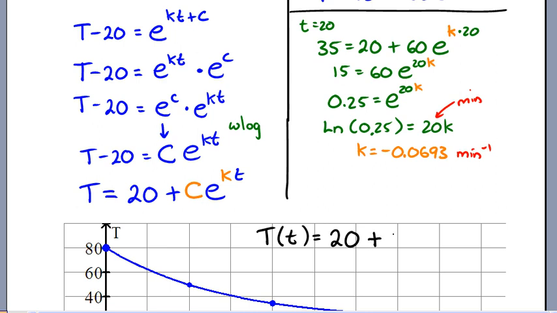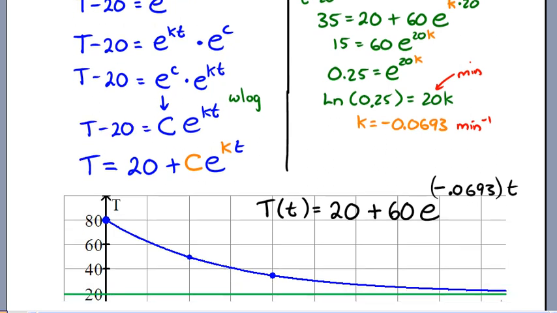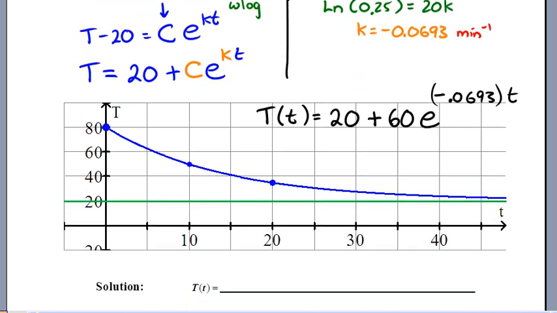We start off with this difference of 60 that's decaying away. e to the negative 0.693 multiplied by t. And I think there was room to put this down below. Yeah, okay.